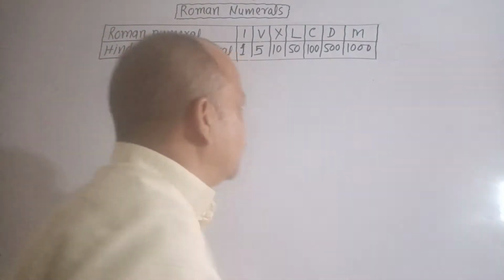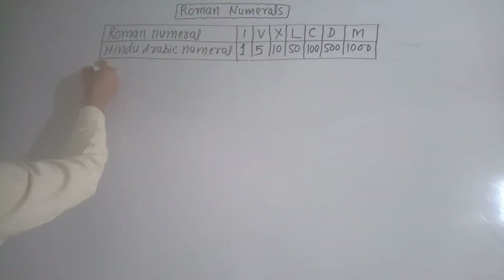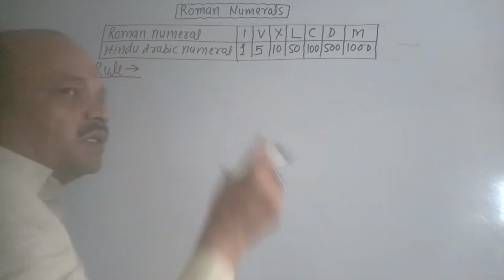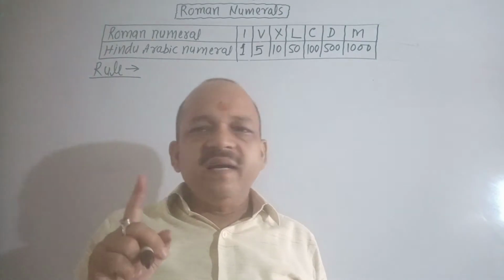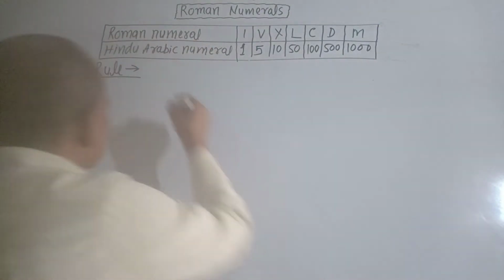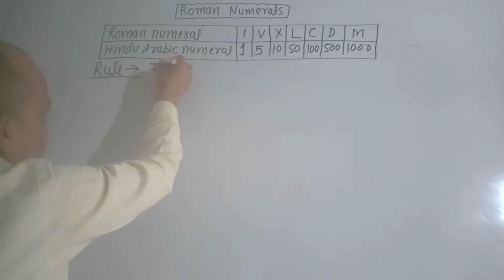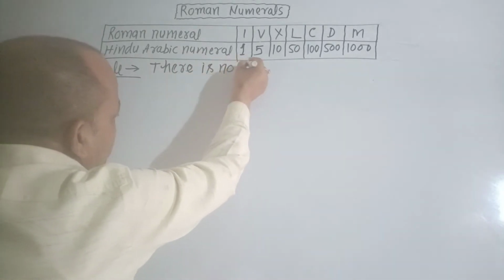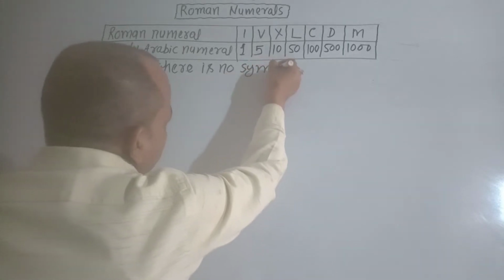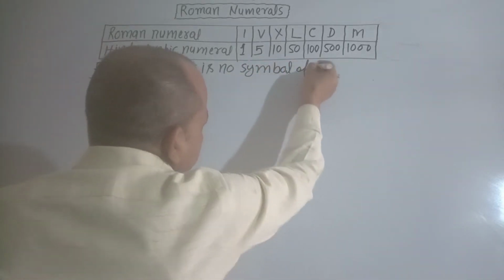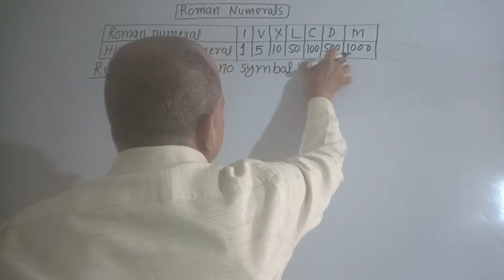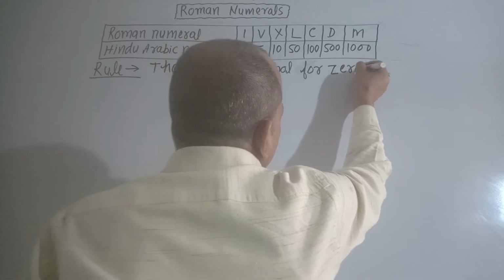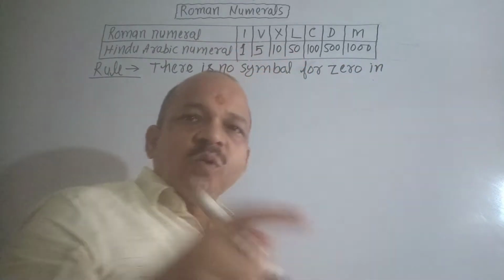Very good. Rule: there is no symbol for zero in the Roman system.